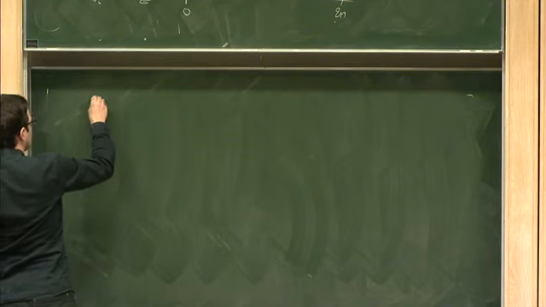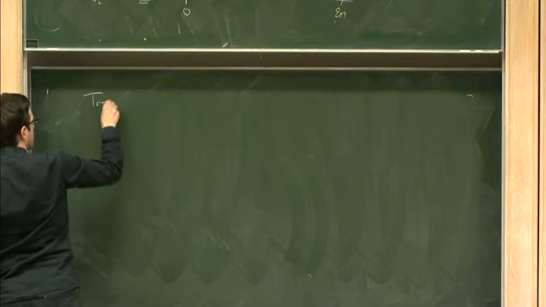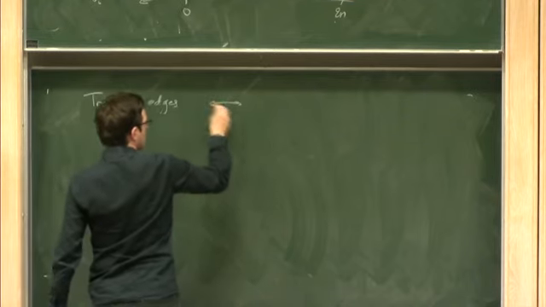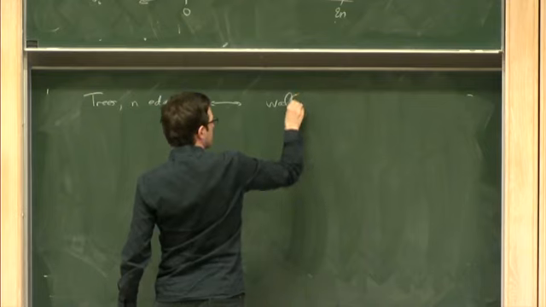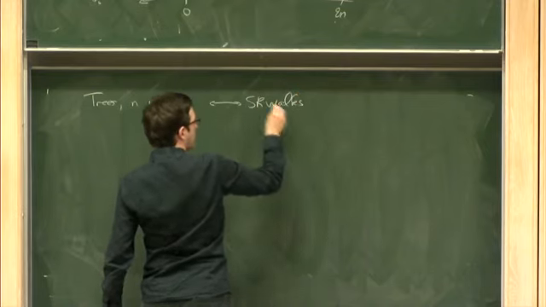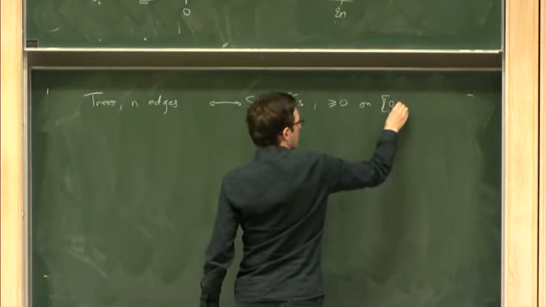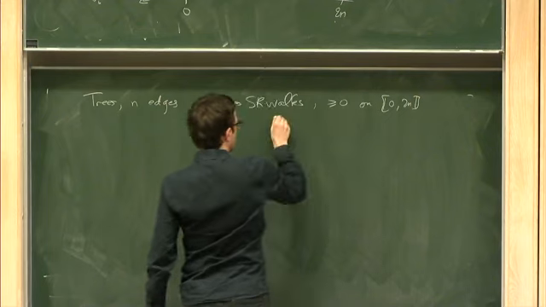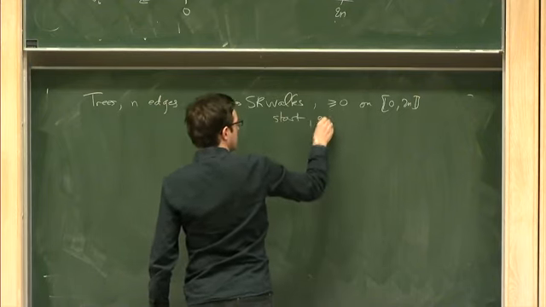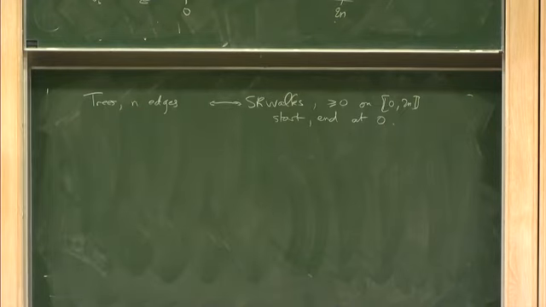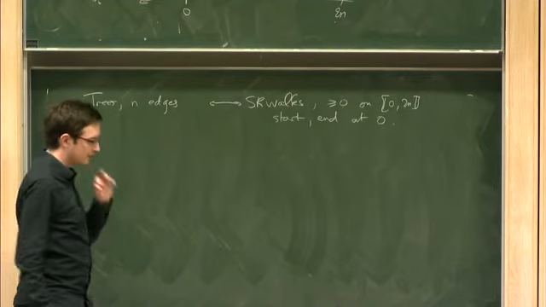So you get that the trees with n edges are in bijection with simple random walk paths that are non-negative on 0 to 2n, and start and end at 0. And I want to call that an excursion of a random walk of length 2n.